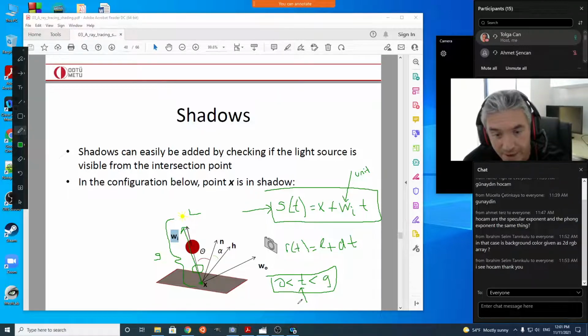One small point here: look at this. I want to turn your attention to this part where we are checking this inequality, 0 less than t. Since these are floating point numbers, the surface itself, look at this rectangle that x belongs to, is actually one of our objects, right?